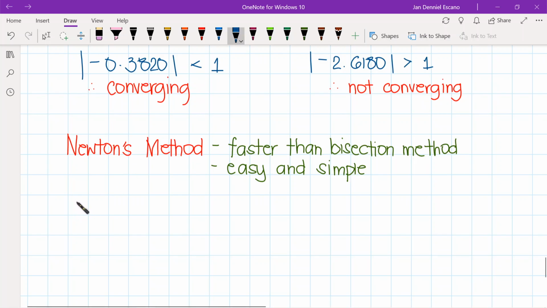So what are the steps in using Newton's method?